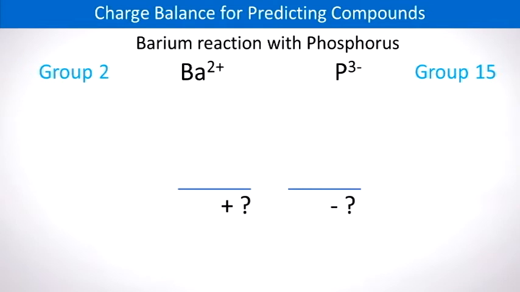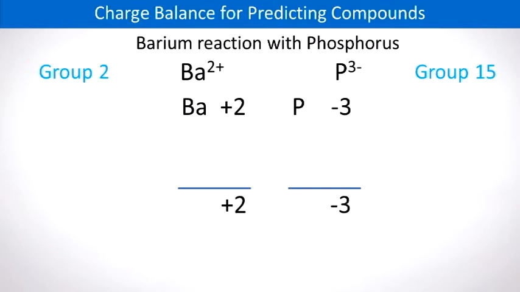Let's take a look at doing this with barium and phosphorus. Barium, located in group 2, has a +2 charge. Phosphorus, located in group 15, has a -3. Our goal is to achieve the same magnitude charges on the positive side and on the negative side. We start to stack.